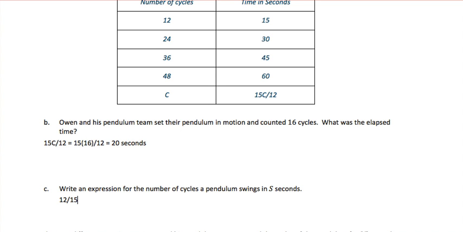And then we multiply that times S. What we have is 12/15 S. And we could simplify our fraction, because both 12 and 15 are divisible by 3. And that would give us 4/5 times S, or 4/5 S. Or even as a decimal, 8/10 S.